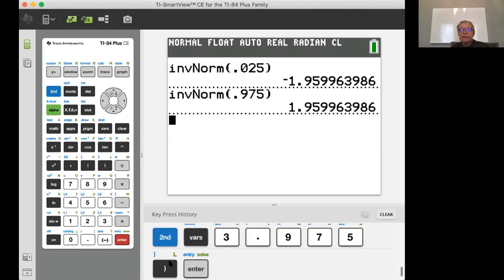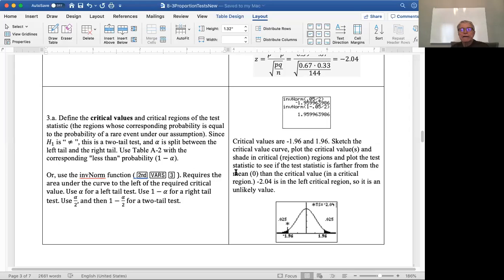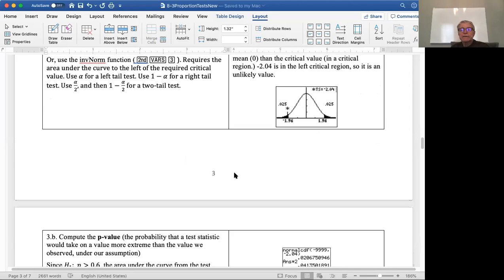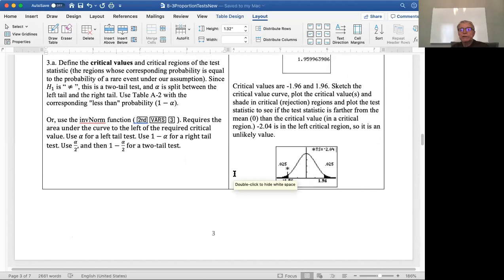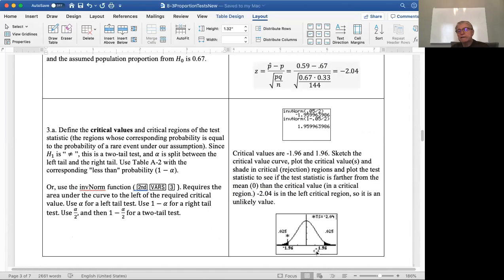So let's stop here, go back to the problem. And now remember what you're going to do. You're going to draw this little curve with the line for the z and the curve above the line, and mark in the critical values, negative 1.96, positive 1.96, and plot the test statistic and see where it falls.